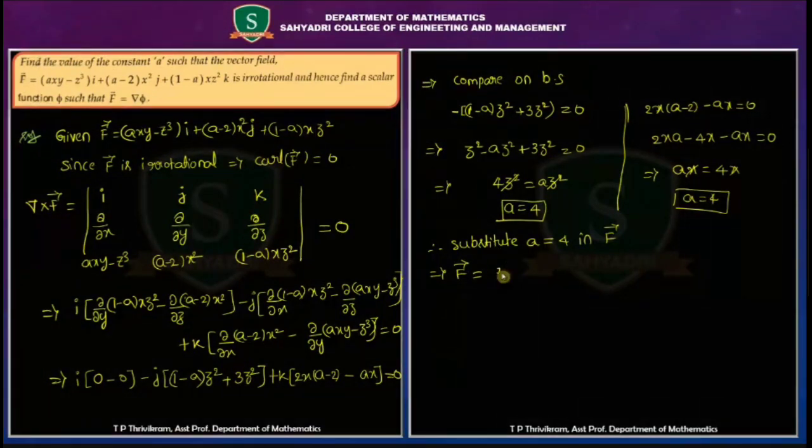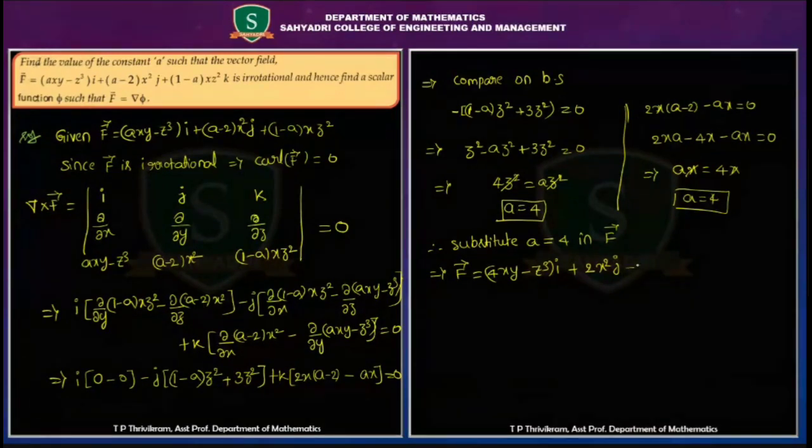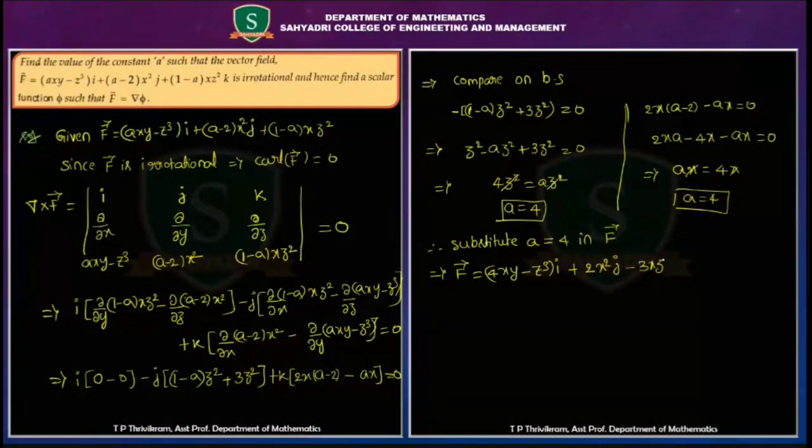AXY means 4XY minus Z cube into I plus A minus 2, that means 4 minus 2, it is 2X square J, minus (1 minus A), so 1 minus 4, that means 3XZ square. Okay, this is the value of F after substitution of 4.